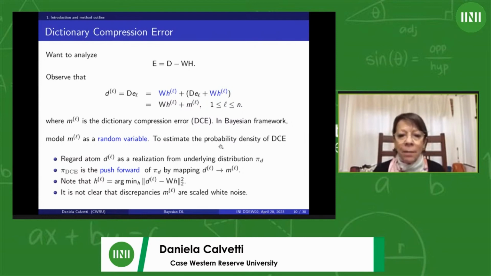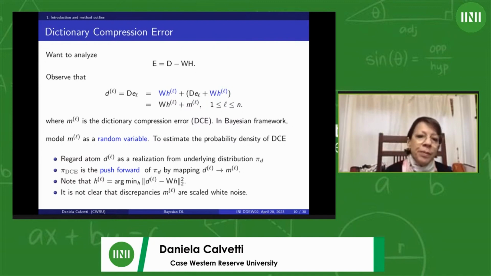we can come up with a procedure to estimate the probability density. So we think of the dictionary and its atoms as being realizations from an unknown underlying distribution that we do not know.